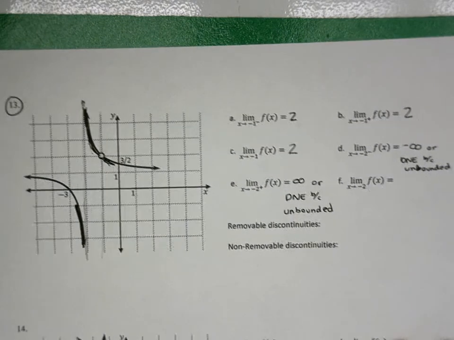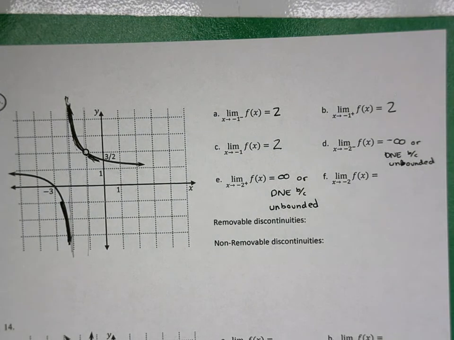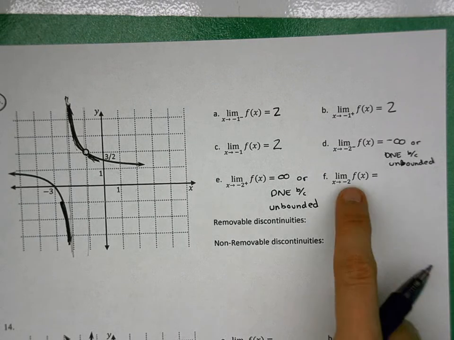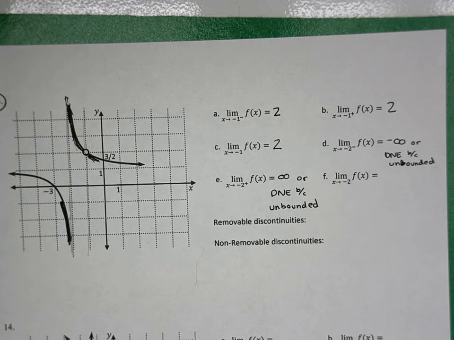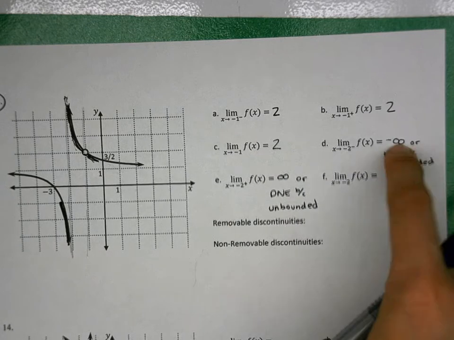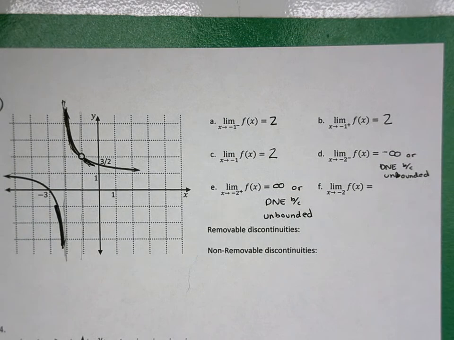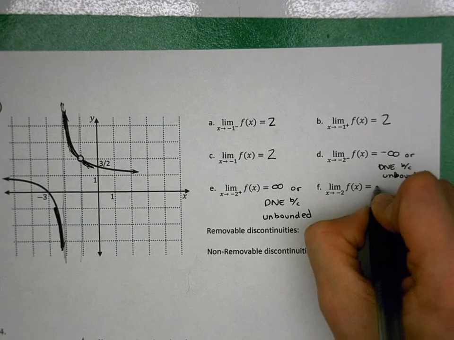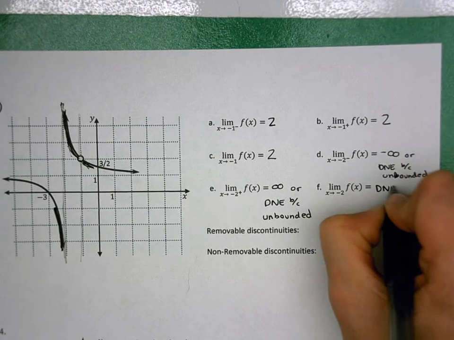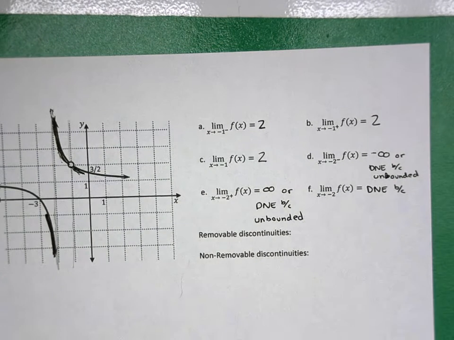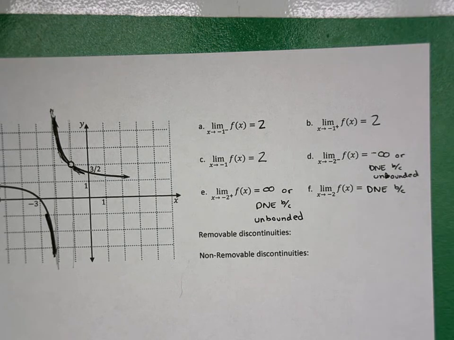And then what about -2 altogether? Both sides. Okay, well, since the left is -infinity and the right is +infinity, those don't agree. And so therefore this does not exist because, and then you actually have two options here. You could say unbounded, because it is unbounded, or because it does not agree.